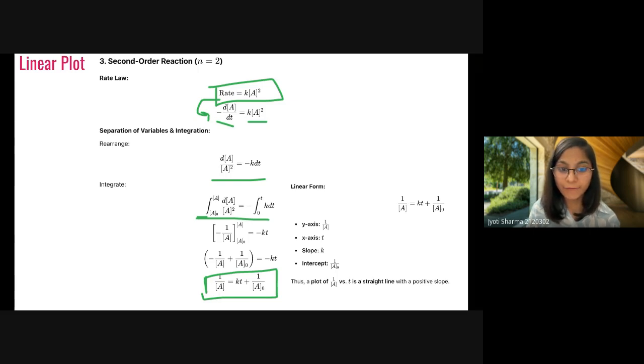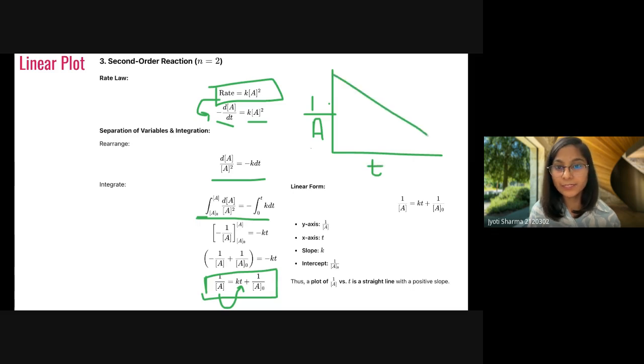So again, if we plot this with T, we will get a linear plot. So 1 upon A against T gives the straight line. And here again, K is our slope, and the intercept will be 1 upon A0, right?